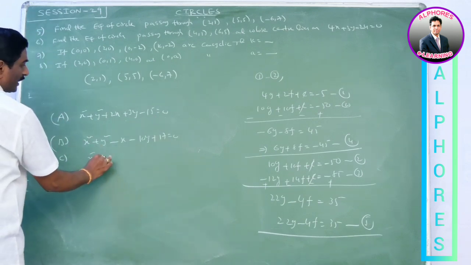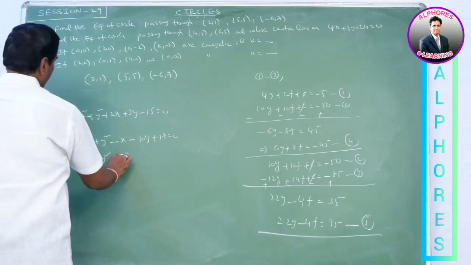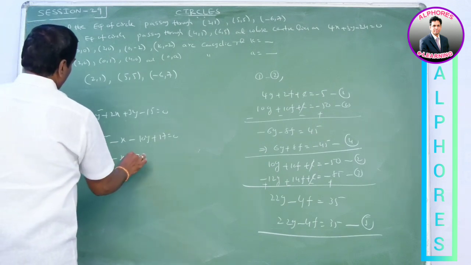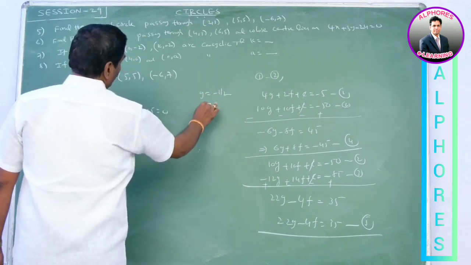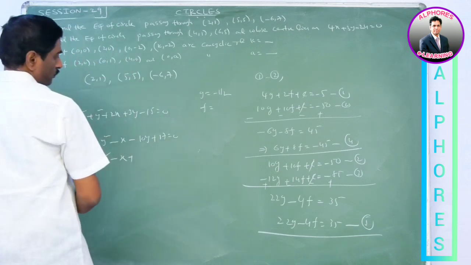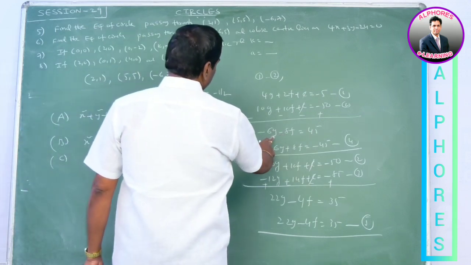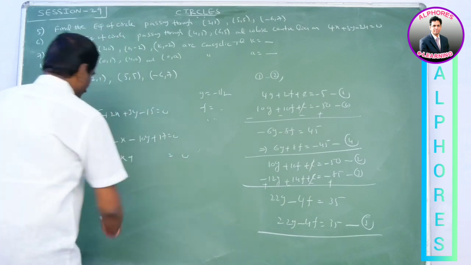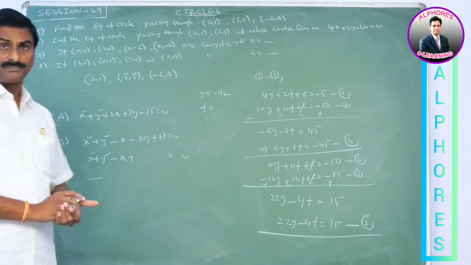Third one, x square plus y square minus x plus something. Already we found G is equal to minus 1 by 2, F is equal to something, and some value of C. So in this way, we find the equation of the circle by using the verification method.